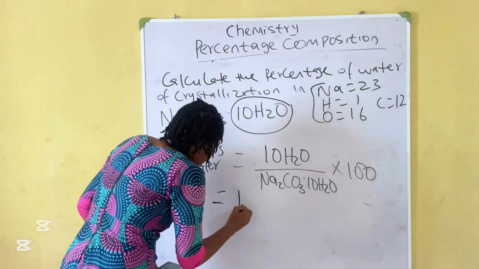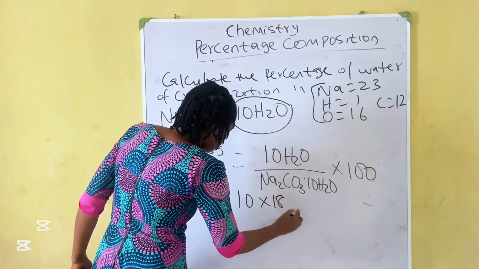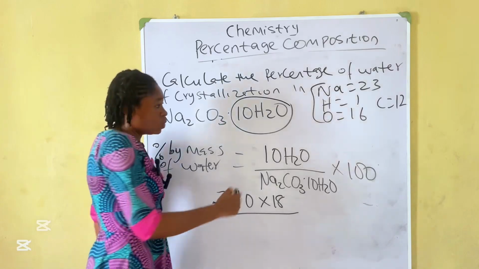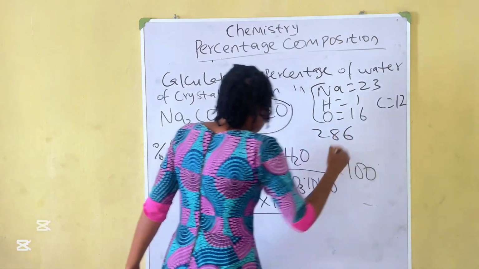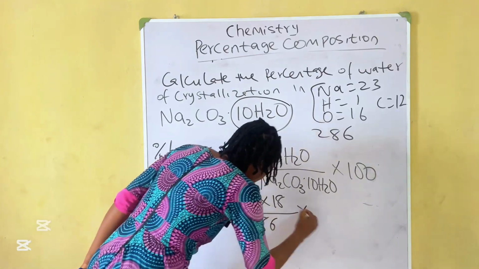So 10 times 18 divided by the relative molecular mass of the compound we calculated, which is 286, times 100.